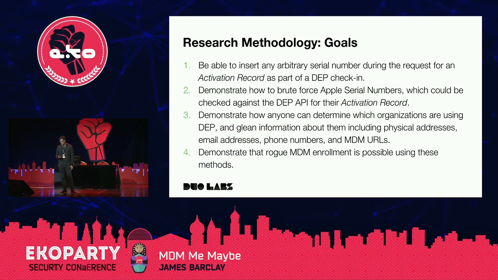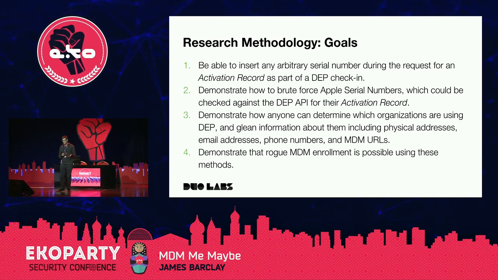So I'm going to talk about our research methodology. What were the goals of this research? Once we knew that only the serial number is what is used to determine which activation record we get back, we wanted a way to automate that. Our goals were to be able to insert any arbitrary serial number during the request for this activation record.